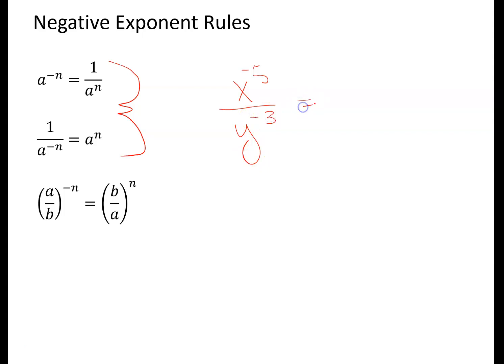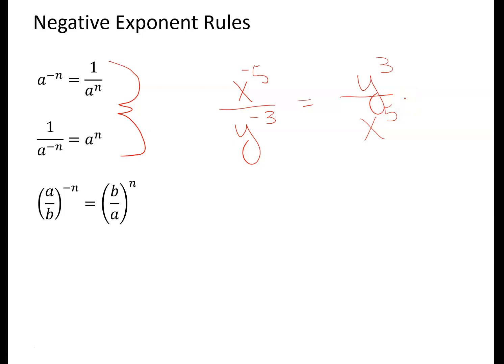I could change the signs on those exponents. If I move the y to the top, then it becomes a positive 3. And move the x to the bottom, it becomes a positive 5.